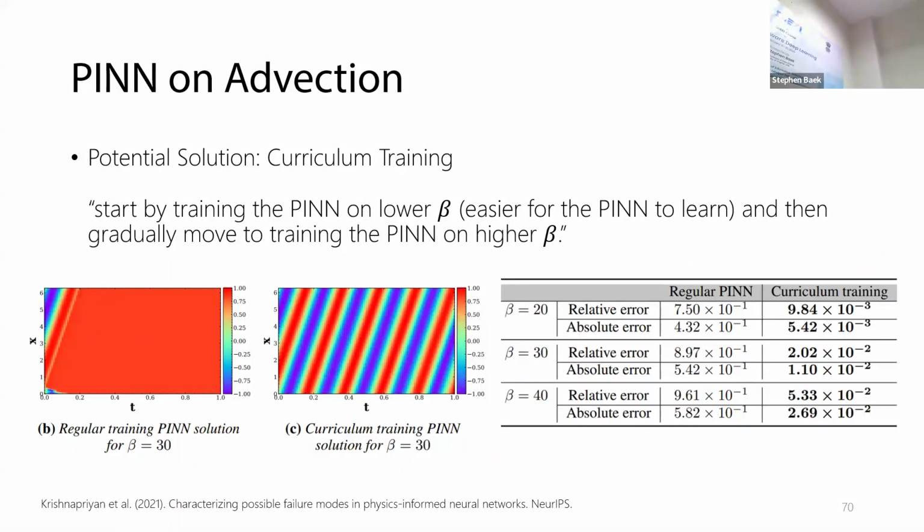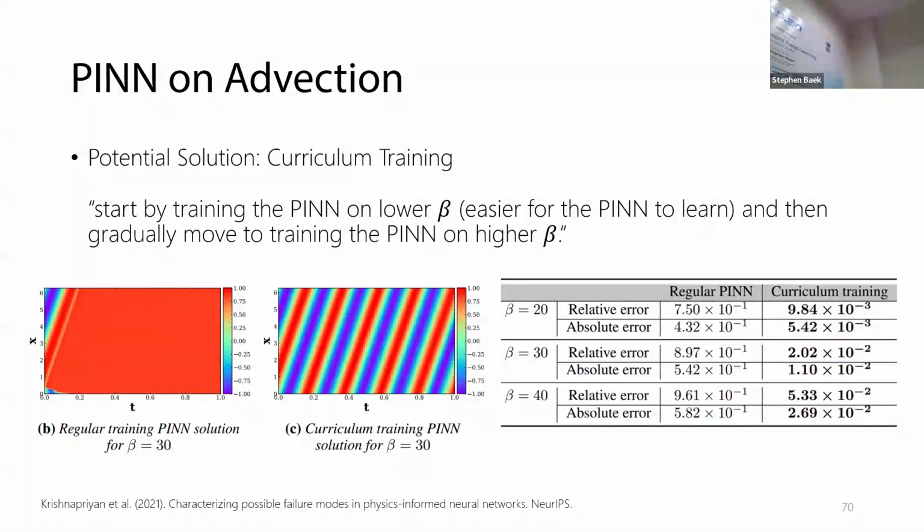Now, the fact that PINN struggles with boundary conditions and advection in general doesn't mean that there's no hope. If you still want to use PINN for whatever problem you're working on, there's one well-known strategy called curriculum training.